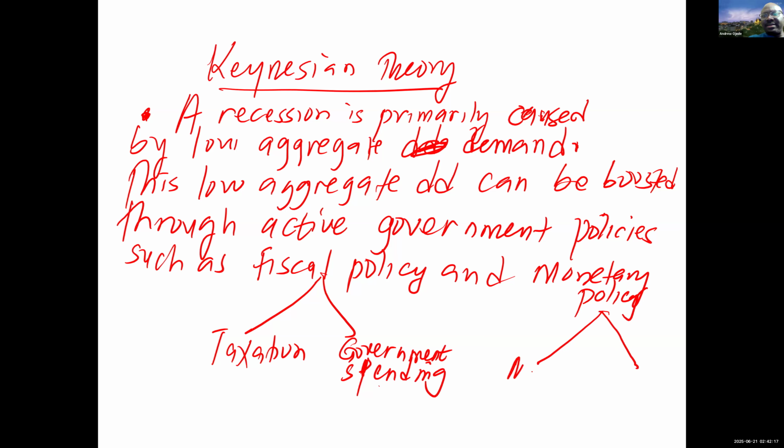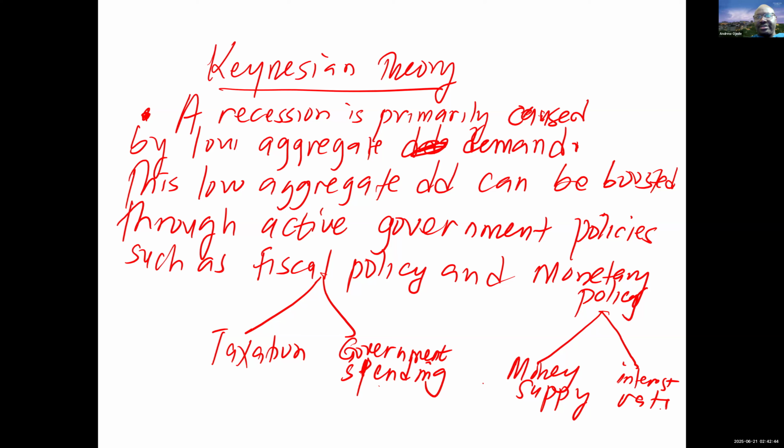It involves control of the money supply and interest rate. So Keynes is going to argue that when the economy falls into a recession, it basically means there's low aggregate demand. That aggregate demand can be boosted, the government can boost it by lowering taxes, for example, or increasing spending.